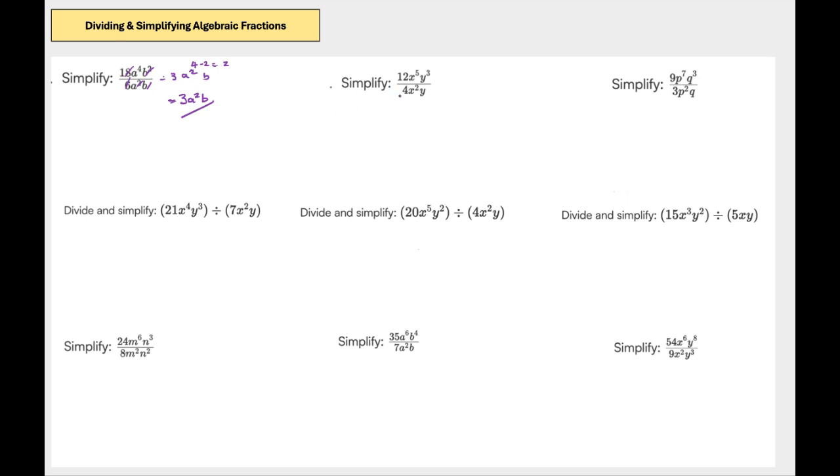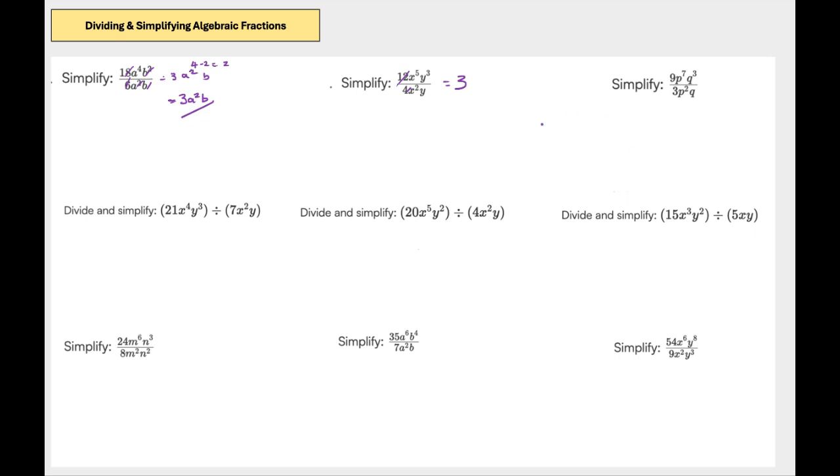Same again. Deal with the numbers. 12 divided by 4 goes 3 times. Now I've got x to the power of 5 and x to the power of 2 on the denominator.